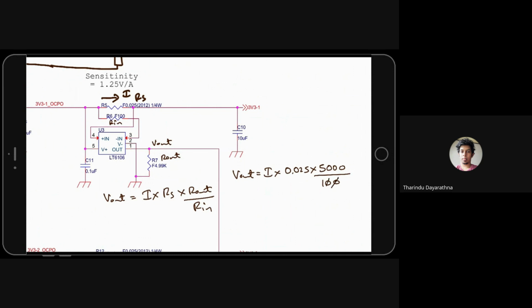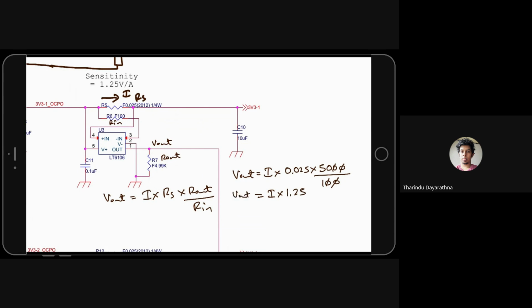So 50 multiplied by 0.025 is 1.25. Okay, V out.